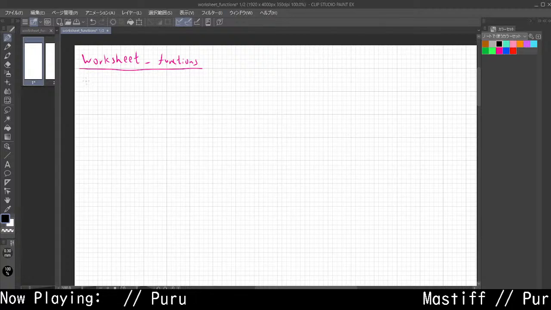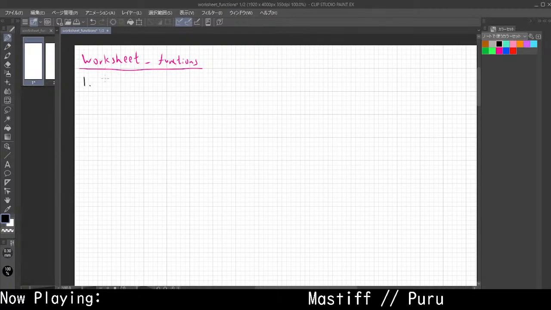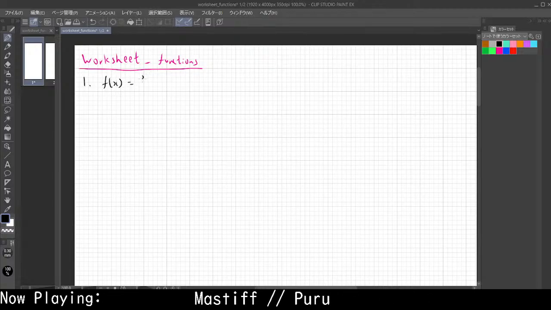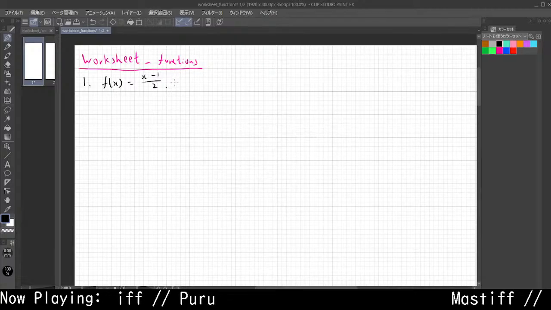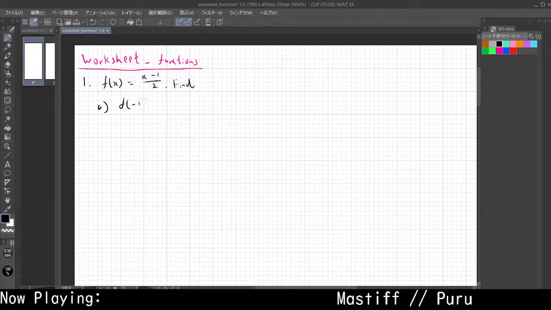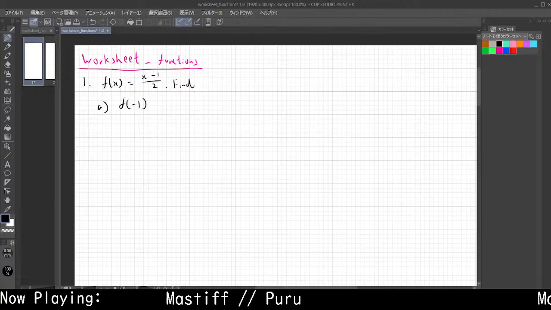Okay, question 1. You have f(x). f(x) is given as (x minus 1) over 2. You want to find 3 things. So first you want to find f(-1). This is the notation we use when we want x to be a certain number.